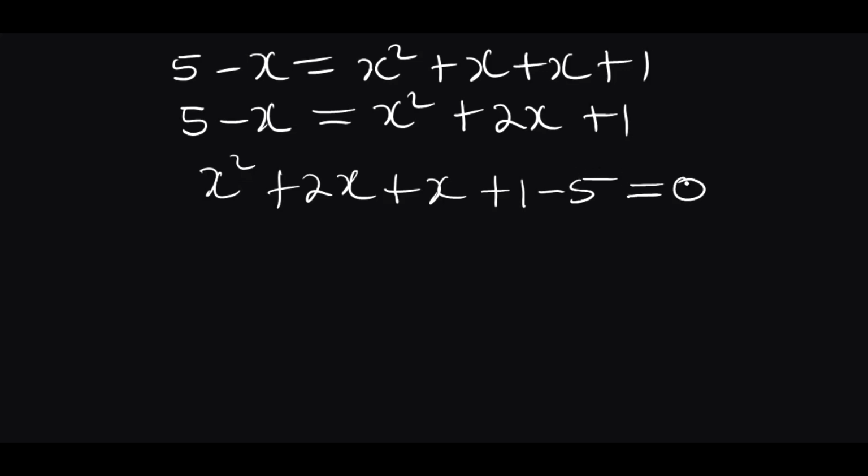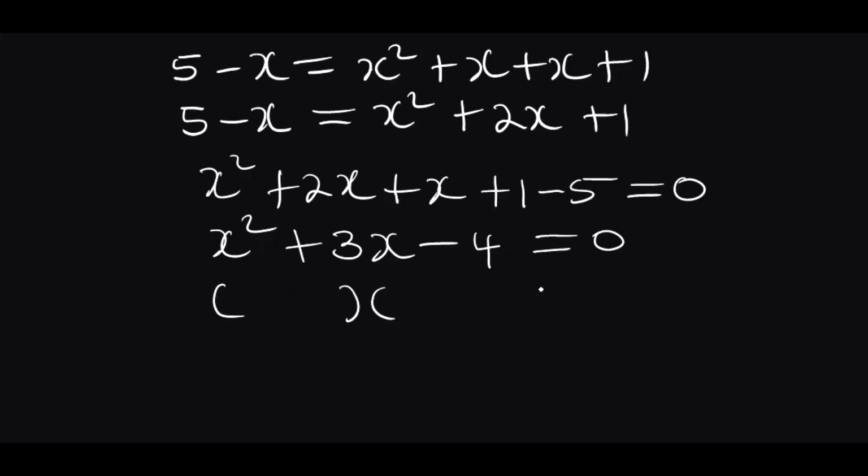That is equals to what? 0. x squared, this is going to be plus 3x minus 4, which is equal to what? 0.